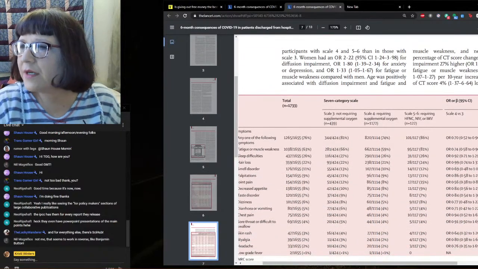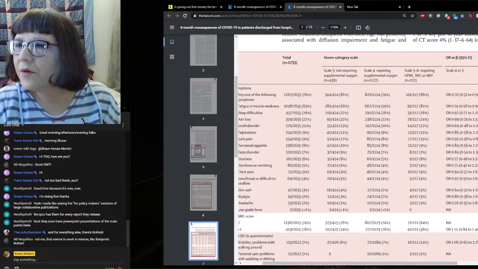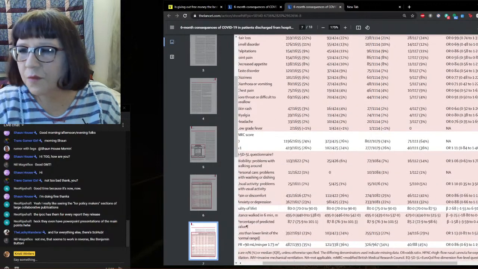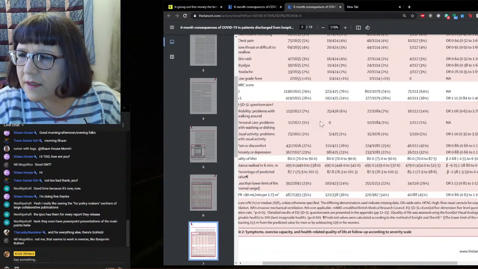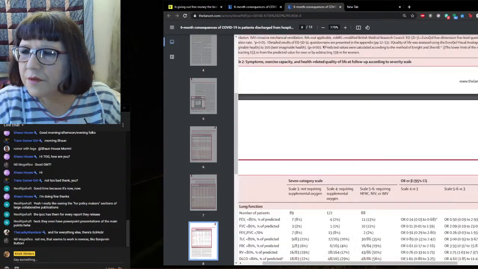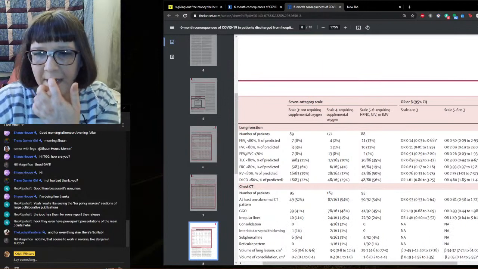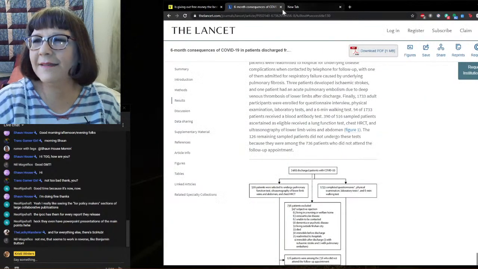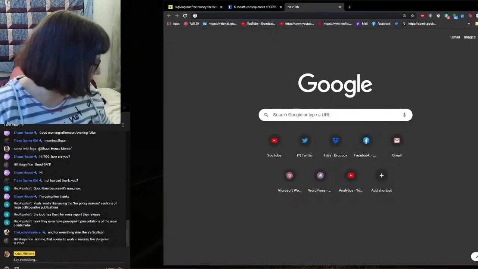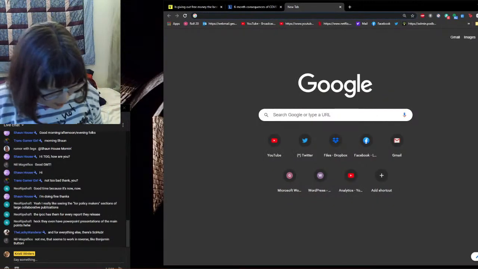Again, 7-category scale. So distribution analysis. Okay, I'm going to get out of the medical sciences, not my strong suit. And let's go look at, I don't even know, here.